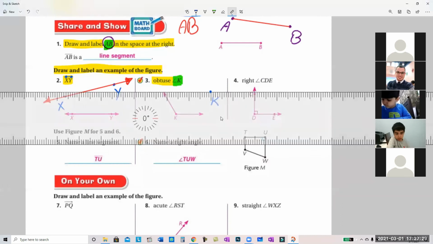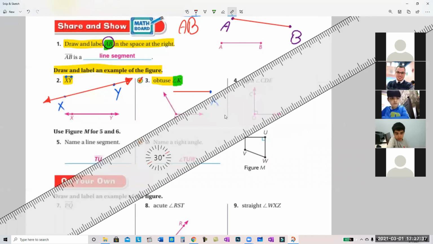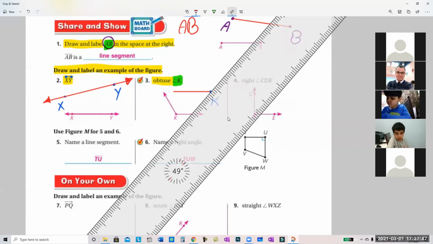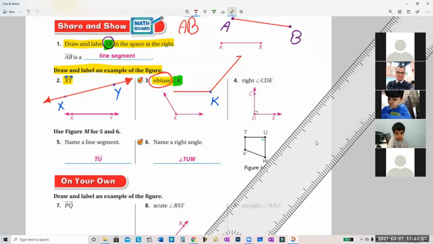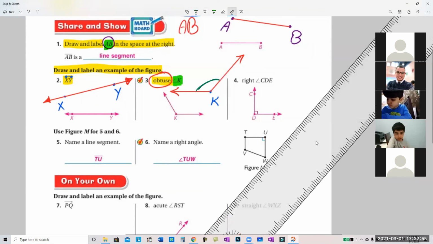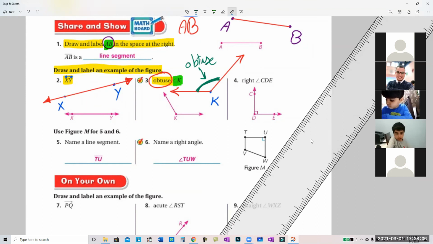The first ray, as you see here, like that, and the other ray. You should have a big space between these 2 rays because it's obtuse. So we have a big space between the 2 rays, so it will be obtuse. Okay, let's move to the next one.